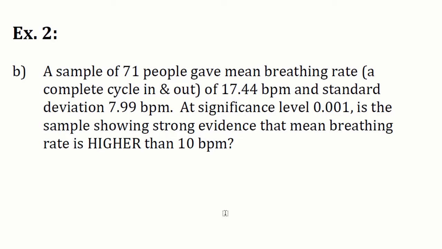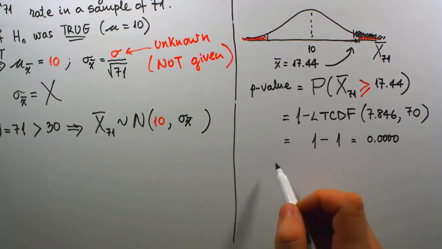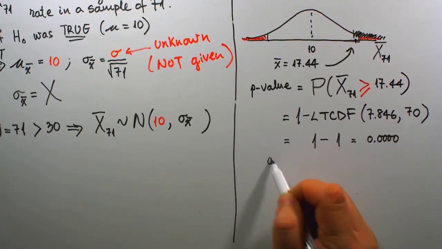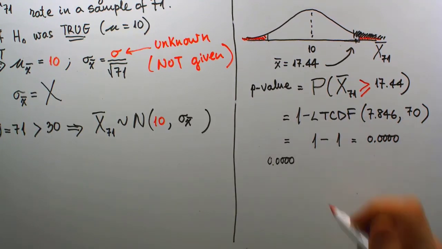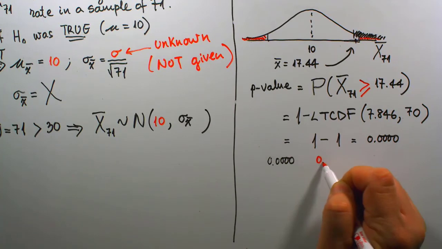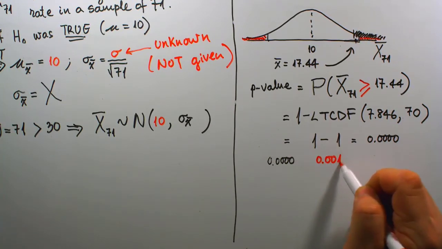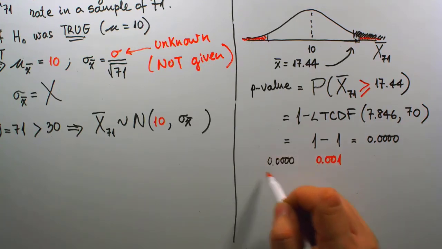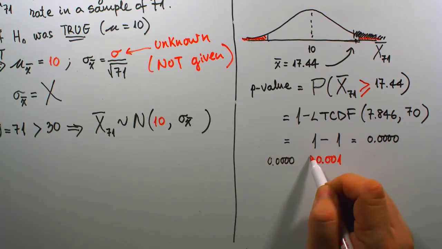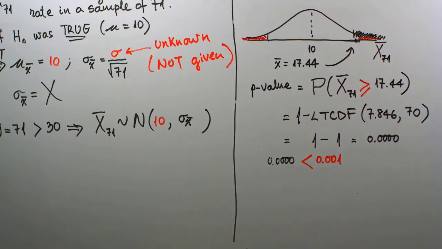Back in the wording of the problem, our problem gave us a significance level of 0.001. So now comparing our final p-value of 0.000 with the significance level given in the problem, 0.001, the direct comparison shows that our final p-value of the sample is way below this significance level given in the problem.